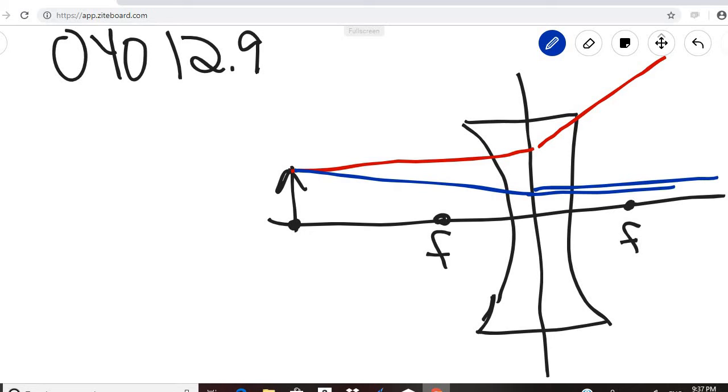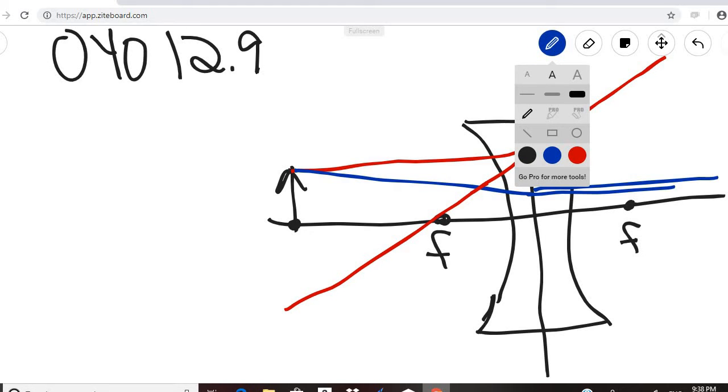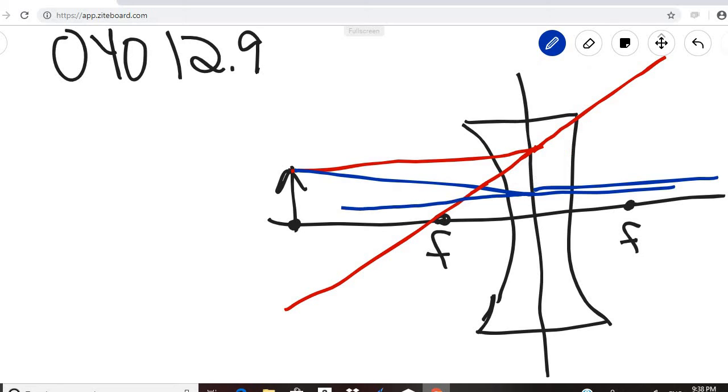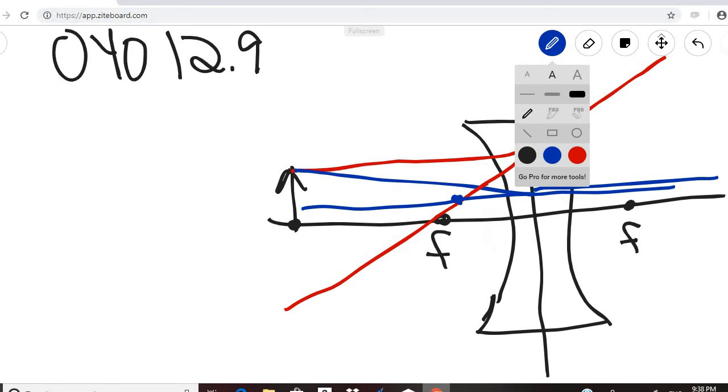As we can see, they do not intersect with each other, so we will need to extrapolate those lines. We'll extrapolate the red one, and we'll extrapolate that blue one straight out here. They're going to intersect right there. I'm going to make that black.